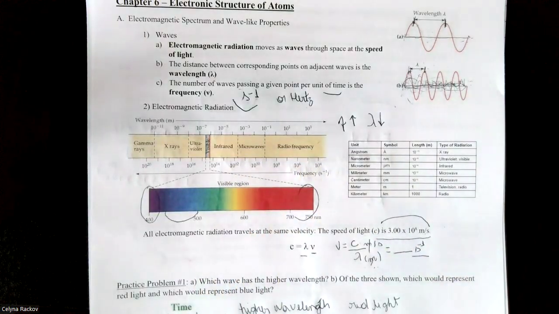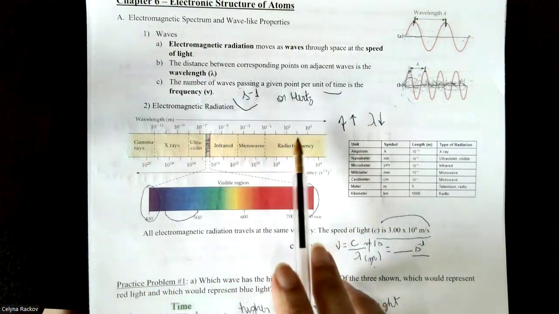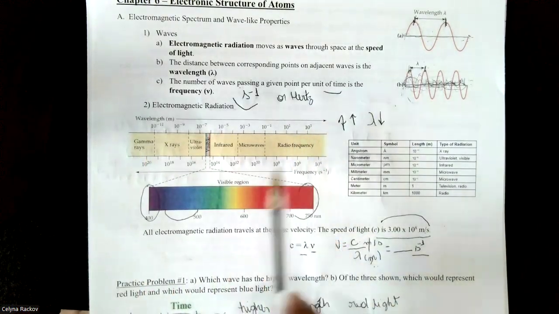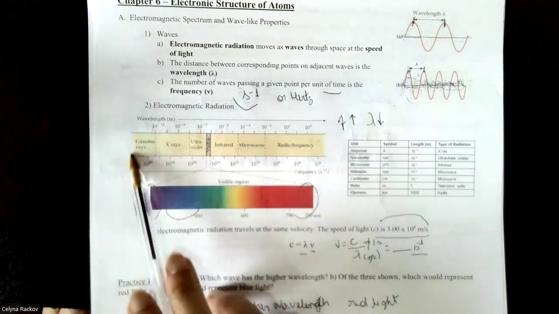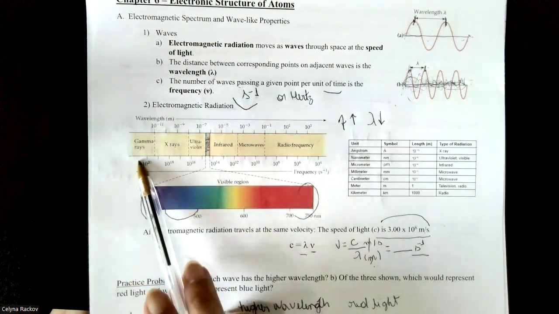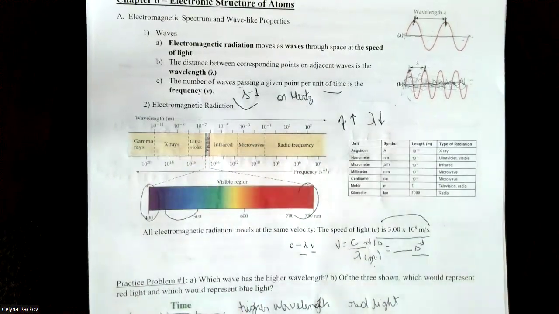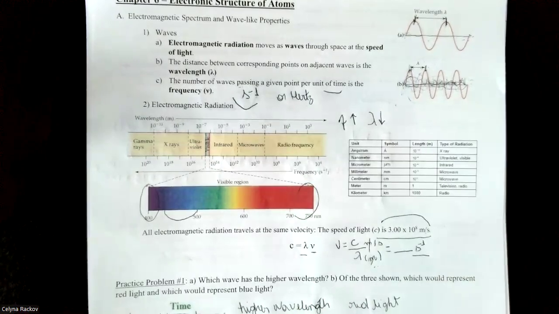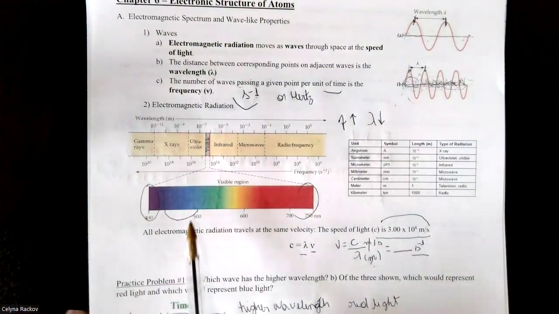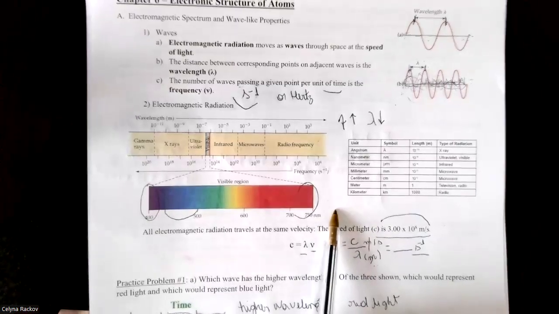So you have all these radiations from gamma rays to radio frequency, and each one has a region of wavelength and frequency. For example, the visible region, what humans can see, is between 400 nanometers and 750 nanometers.